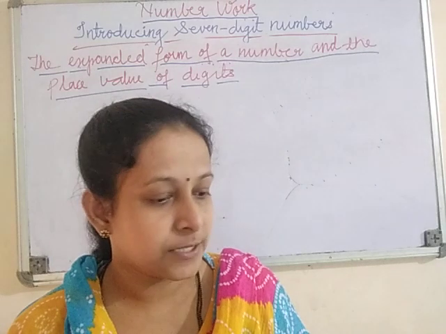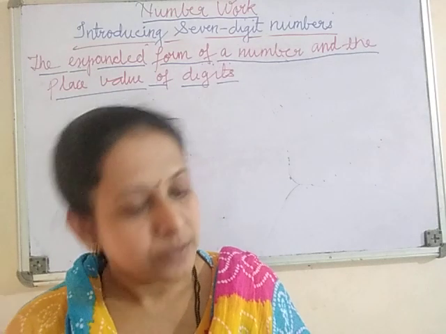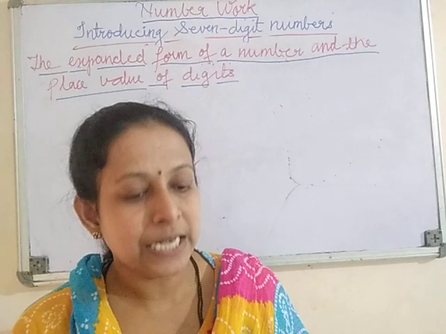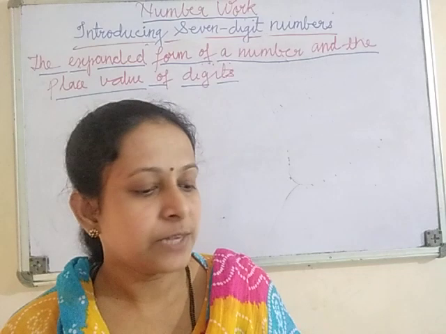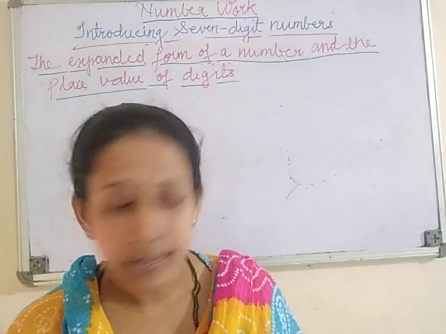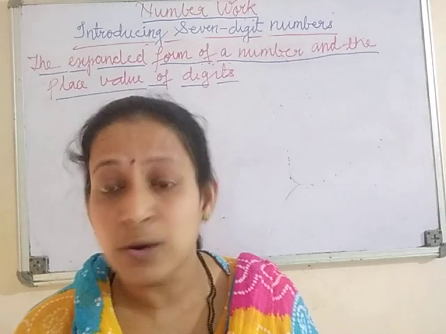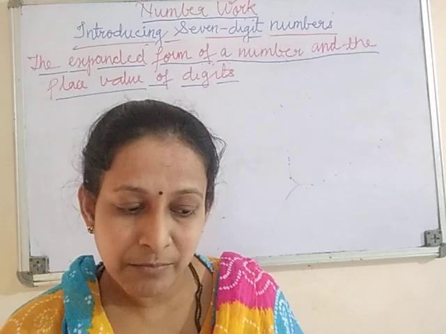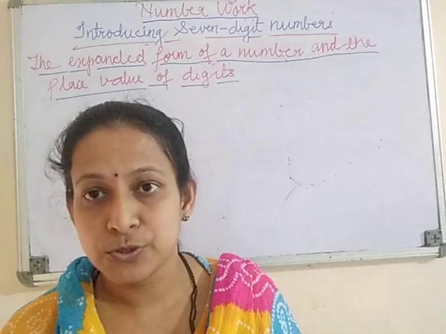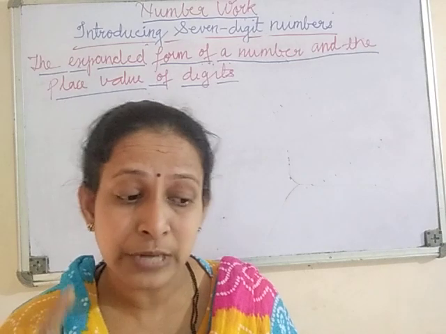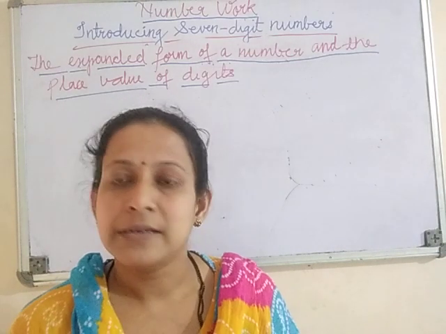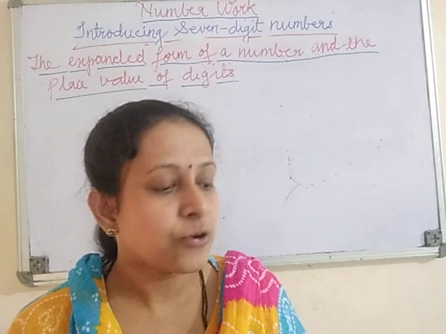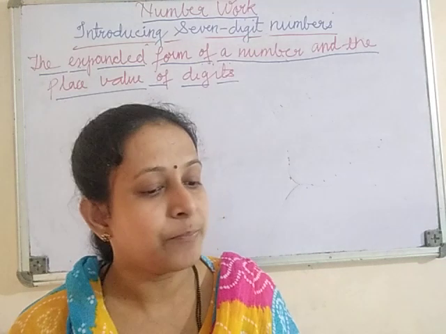Read those figures: Pune, Nasik, Nagpur, Ahmednagar, Aurangabad, Yavatmal, Sindhudurg. Since you have now learned how to read a number, you are supposed to read whatever numbers are given. I have shown you how to read the number. This is a similar question, so you can write the answer. Fine. Now let's go to the expanded form of a number and the place value of the digit.